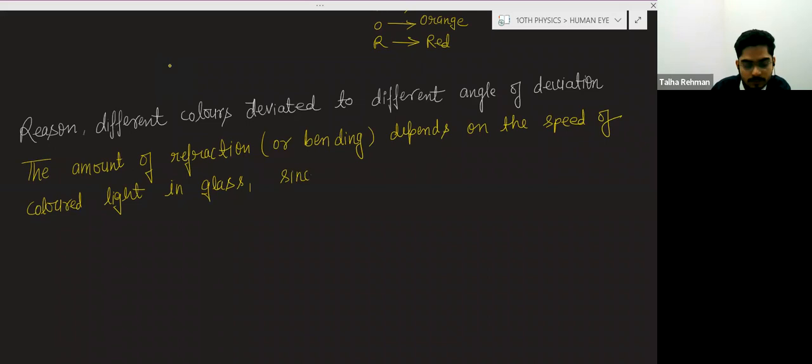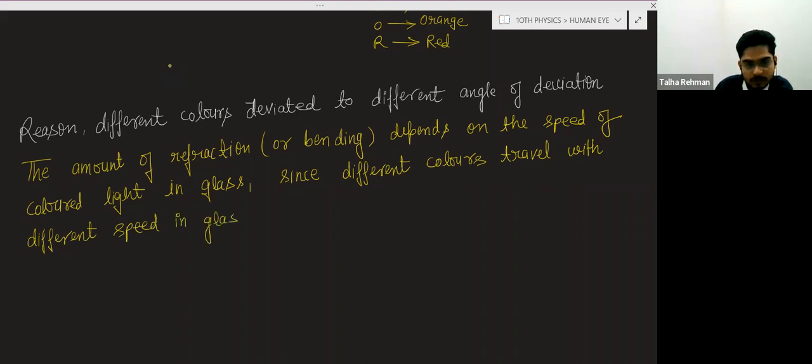Since different colors travel with different speeds in glass, they are refracted through different angles.